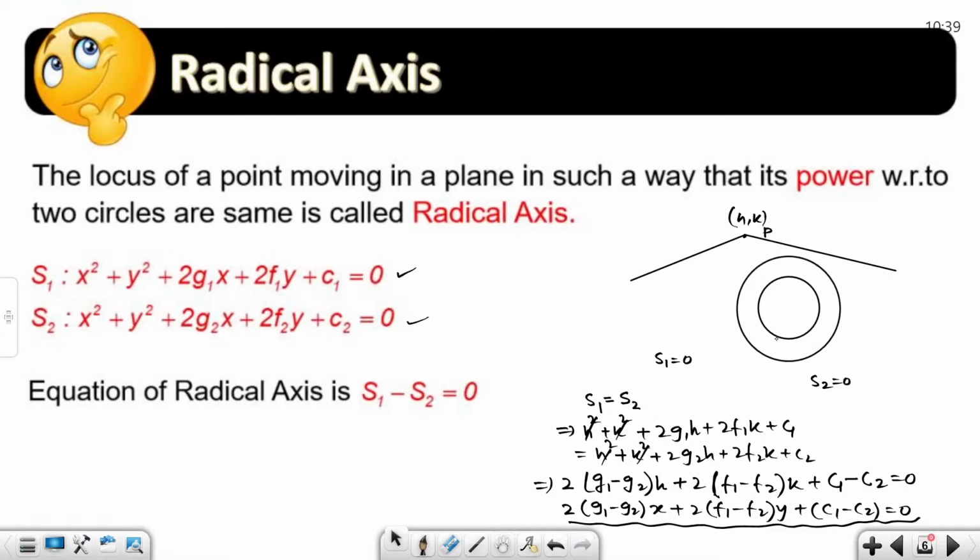If they are having the same center, in that case also we are not going to have any radical axis. Other than these 2 cases, everywhere, irrespective of the position of 2 circles, radical axis is possible. Is it clear?